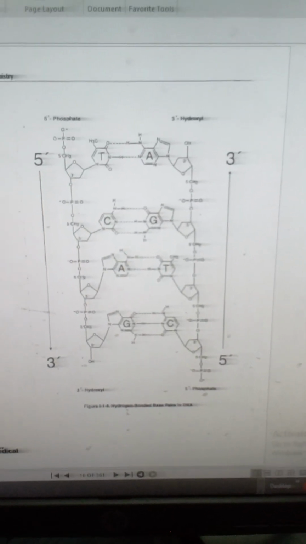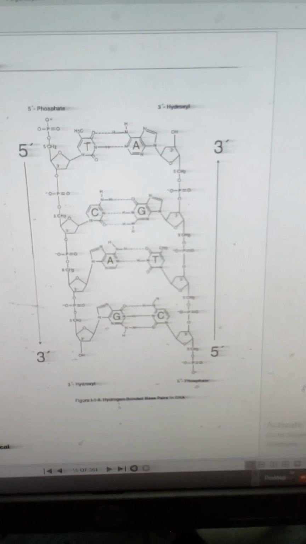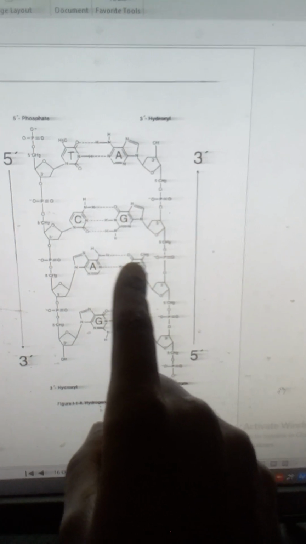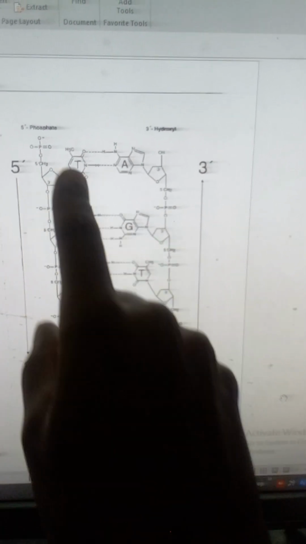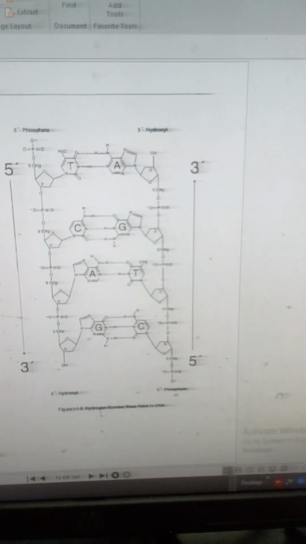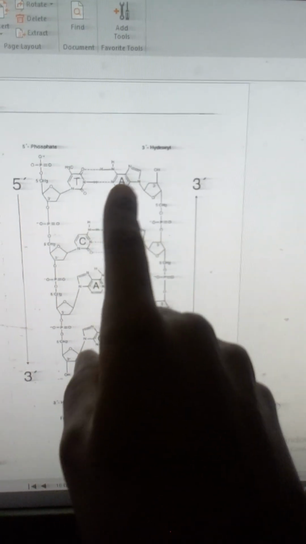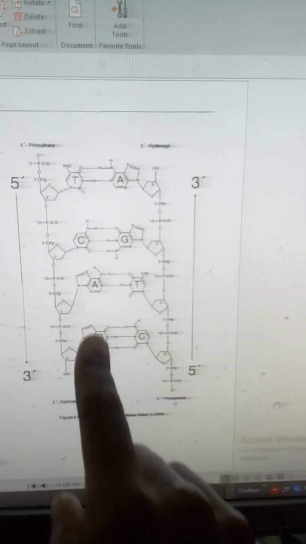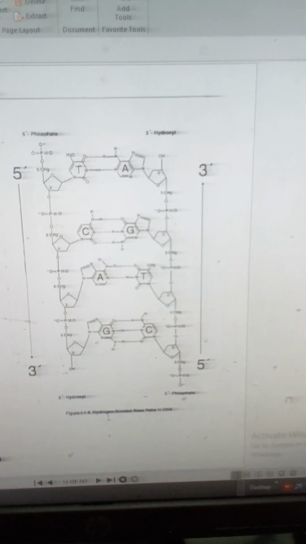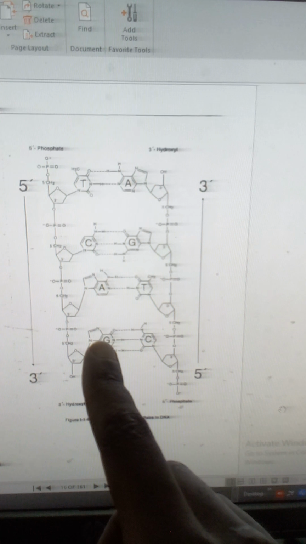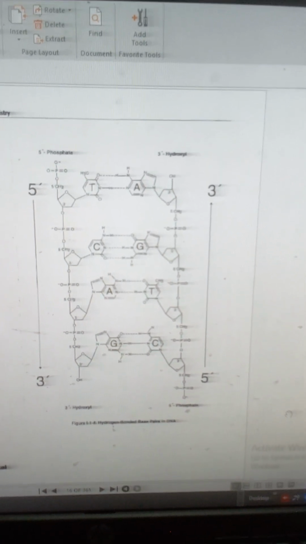And then for double-strand RNA, we can substitute thymine with uracil. We can substitute T for U. In this case, if we have double-strand RNA, T can be substituted with U. So adenine can also pair with uracil when we have double-strand RNA.